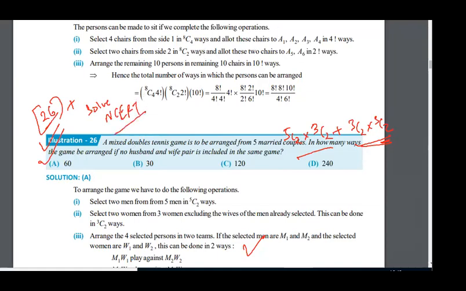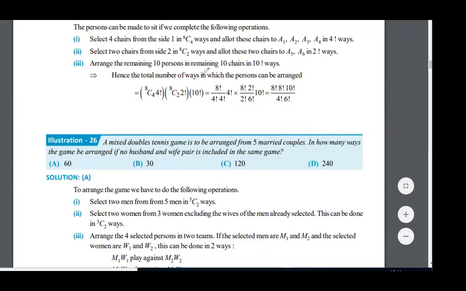Right, everyone? Because the remaining topic is taught next year, not this year. So please solve till question number 26 only.